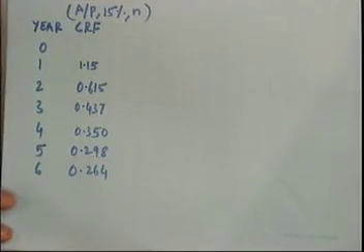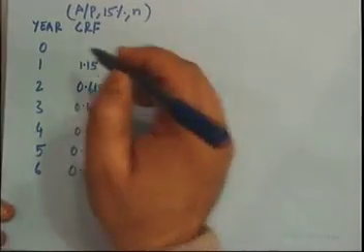For N equal to 5, it is 0.298, for N equal to 6, it is 0.264.